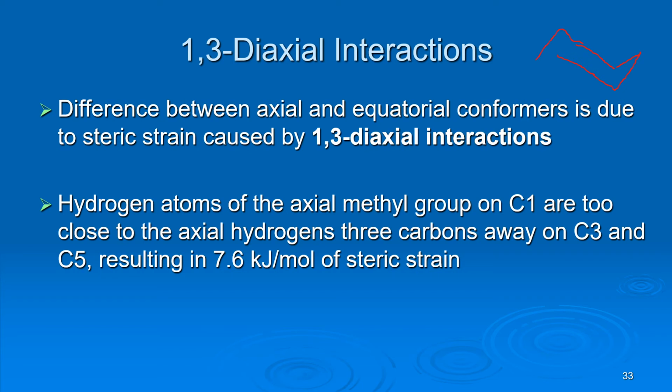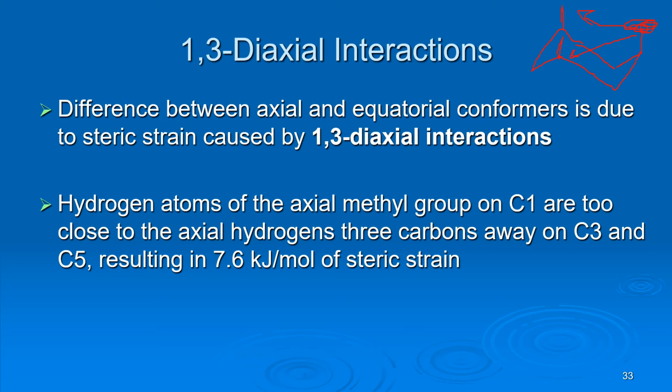Not very good with my mouse. You've got 3 axials on the same side. So here's an axial, here's an axial. And when something's axial, it's interacting with these other axials.